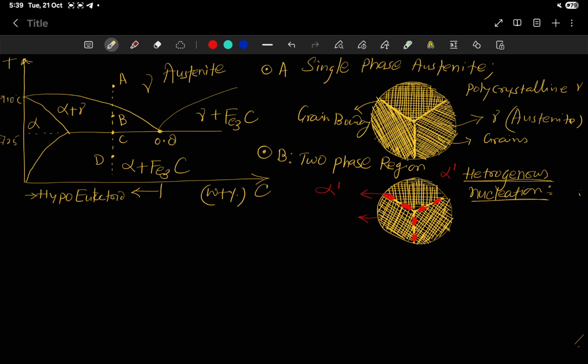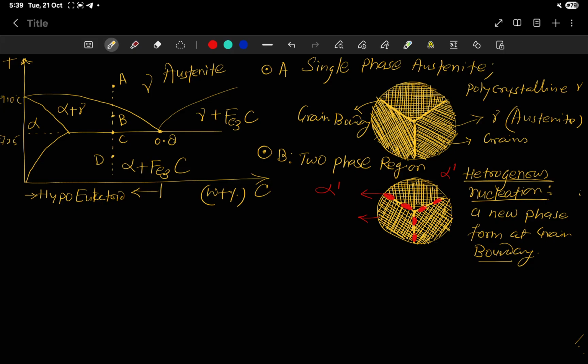What is the meaning of heterogeneous nucleation? A new phase forms at the grain boundary, because these grain boundaries have very high surface energy.